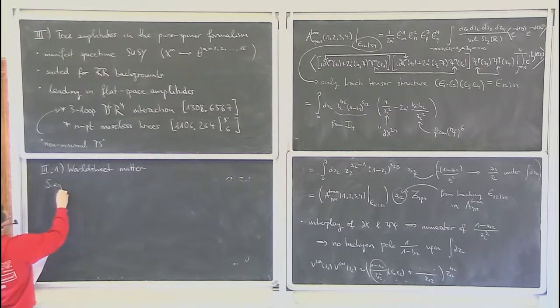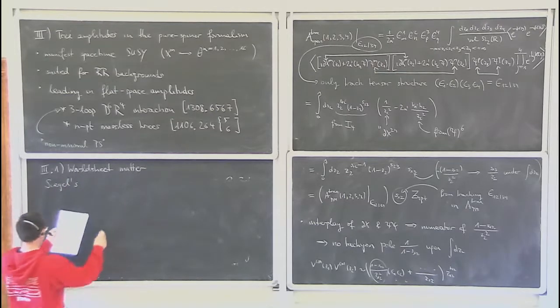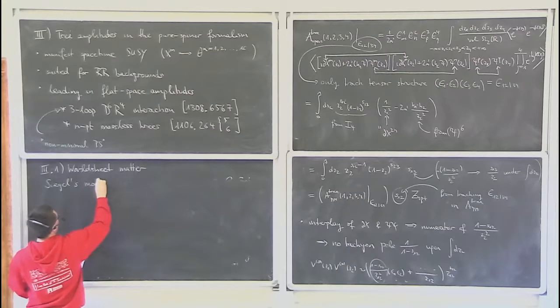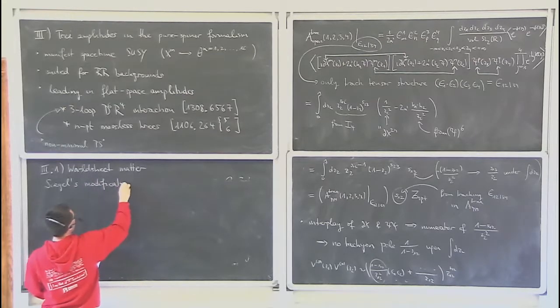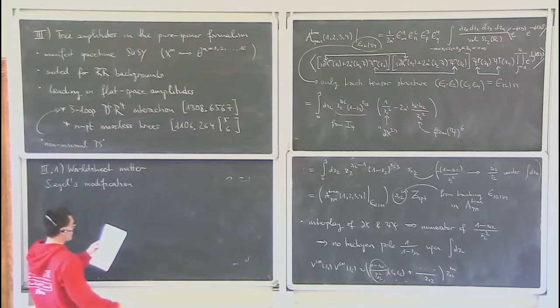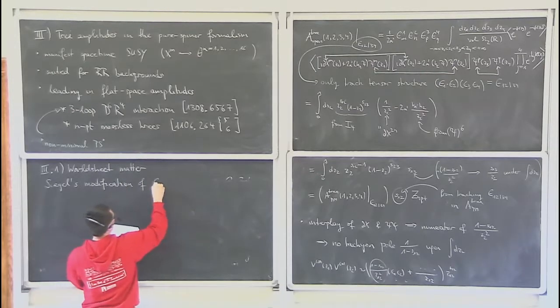And the matter part of the game has already been largely accomplished in the 80s by Warren Siegel. Warren Siegel found a nice modification to the more traditional Green-Schwarz worldsheet action.